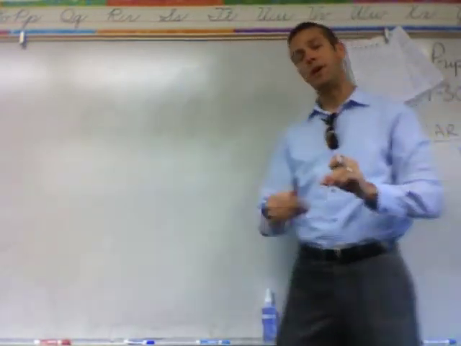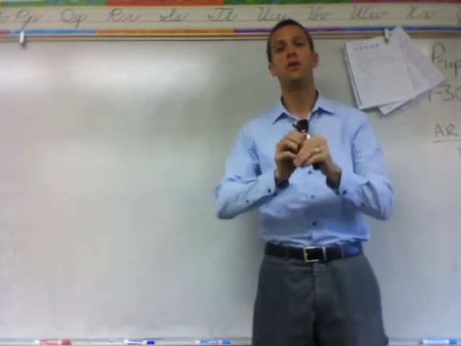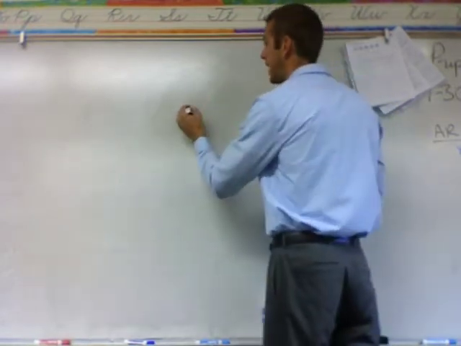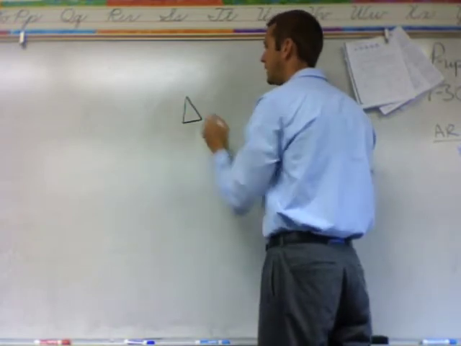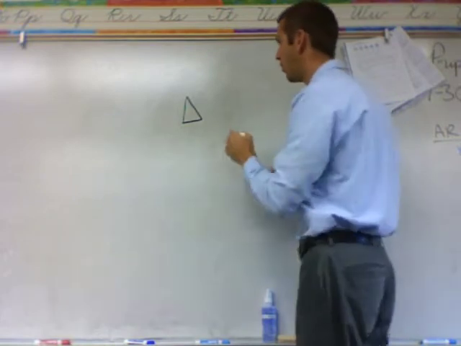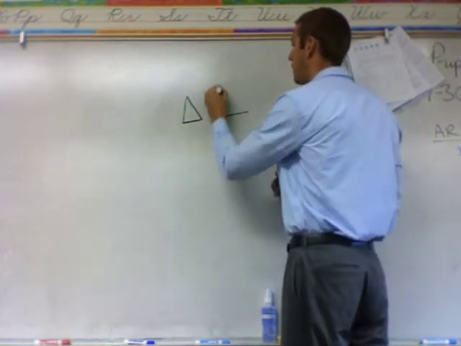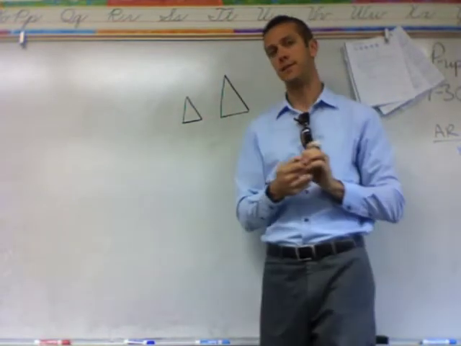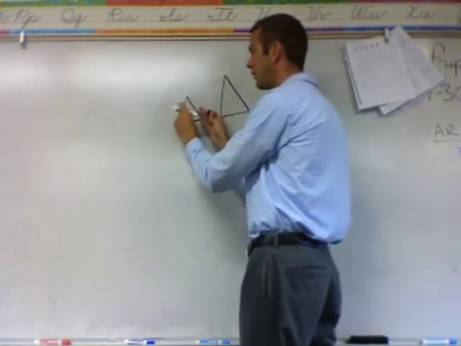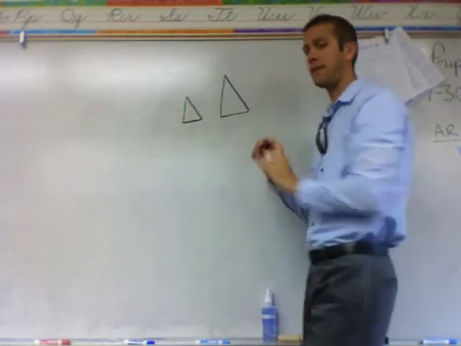Now, similar would be if you had the picture and you wanted to enlarge it or make it smaller. So you have to take that exact shape, the exact angles, but enlarge it to a different size. You're only changing how big or small the object is. So these two triangles are similar. I could shrink this one to look like this one, and I could enlarge this one to look like this one.